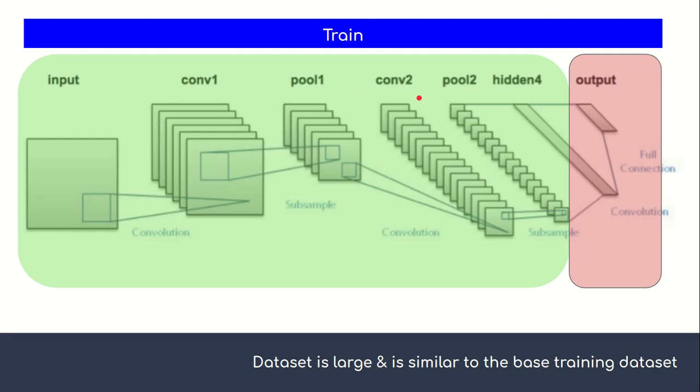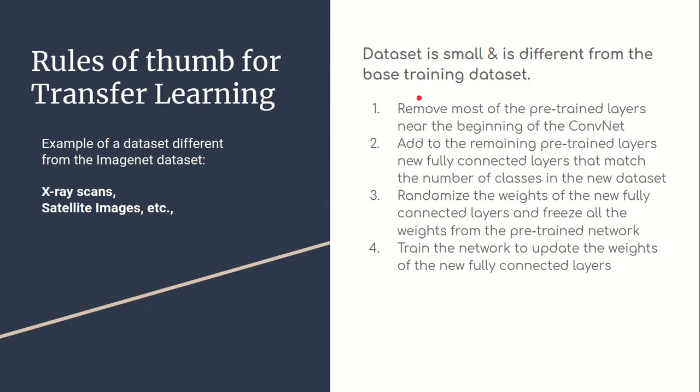Now consider this case, if the dataset is small and is different from the base training set. So now we have a small dataset and it is very different, not at all similar to the ImageNet dataset. Some examples for that would be X-ray scans.